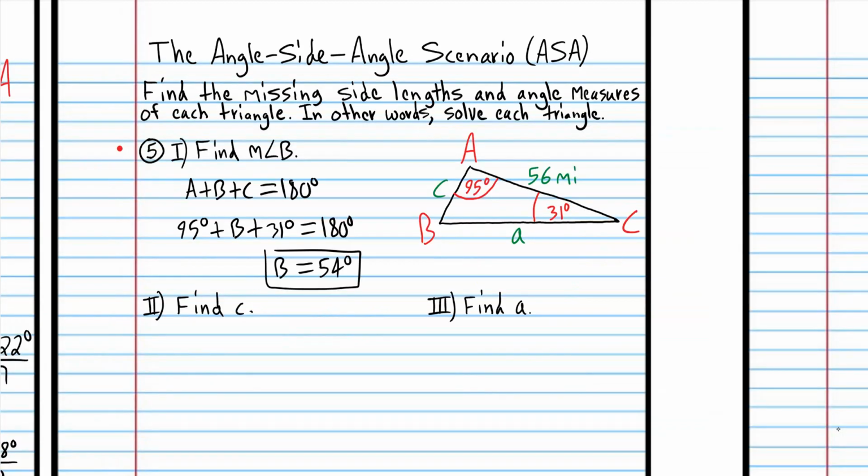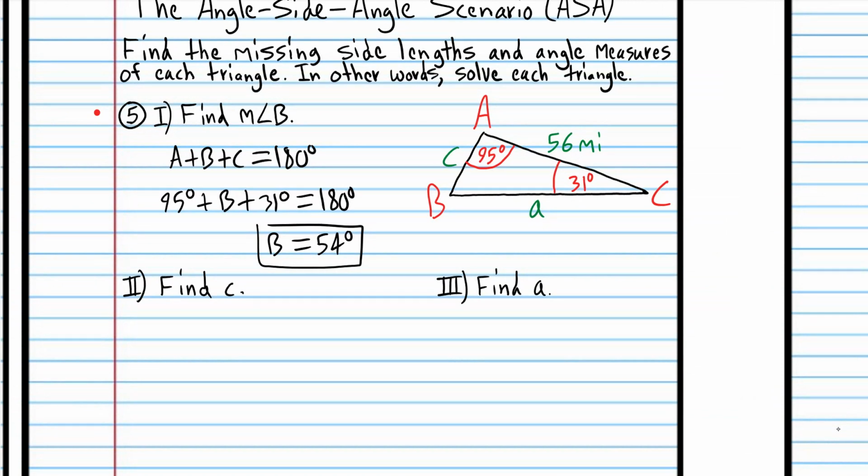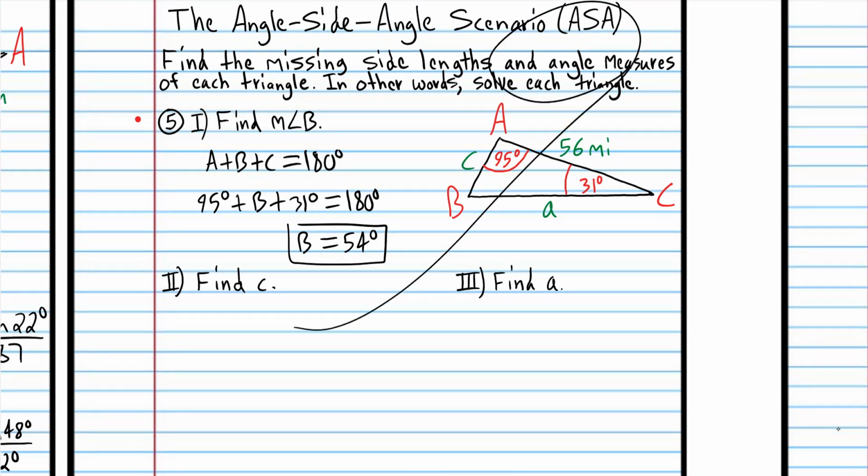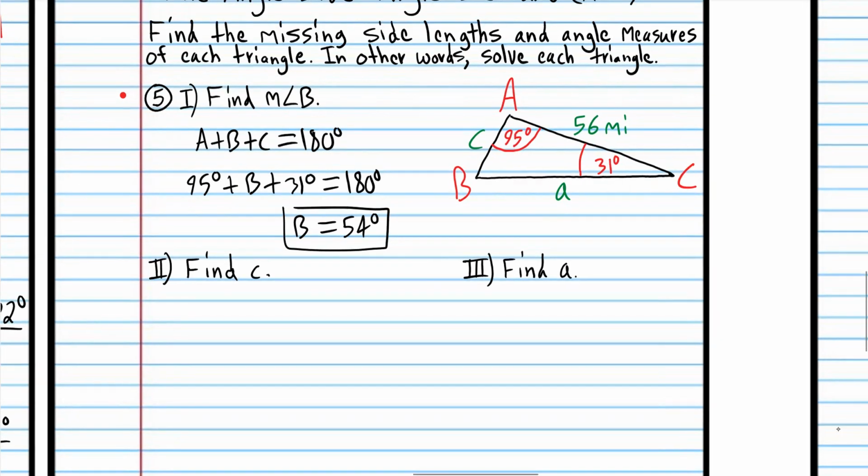So far, this problem is pretty much the same as the previous problems that we did, and actually it's really the same problem. There's not much difference when you have the ASA scenario from the previous AAS scenario. So now we're going to use the law of sines, and we're looking for side C, so obviously we have to use that ratio.